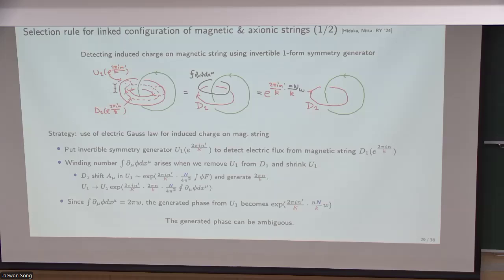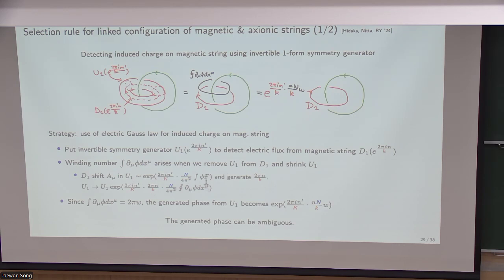Then we remove the U(1) invertible one-form symmetry generator from the non-invertible one-form symmetry generator and shrink the U(1) one-form symmetry generator. In this operation, the non-invertible symmetry generator acts on the invertible one-form symmetry generator and gives us the winding number operator. This is because A_mu in the invertible one-form symmetry generator is shifted by 2 pi n over k, and we have this classical value.